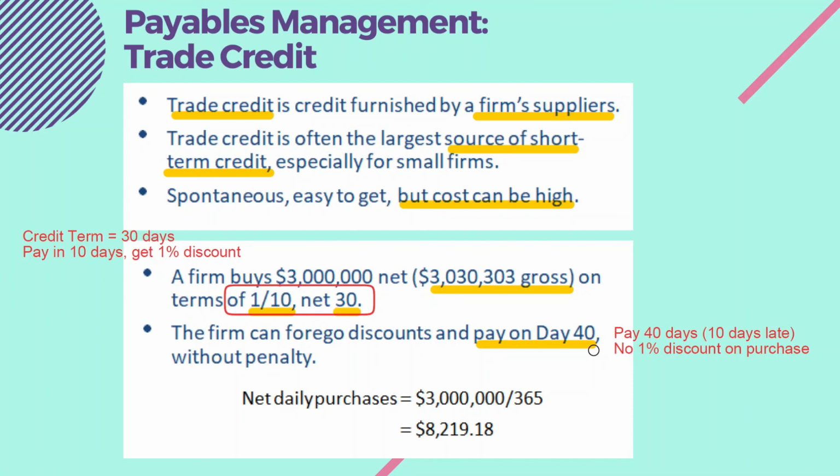The company will not be able to take the 1% discount on the purchase. This is the amount that the company gives up. Based on a net purchase of $3 million, and 365 days a year, every day, on average, the company spends $8,219 on purchases from suppliers.